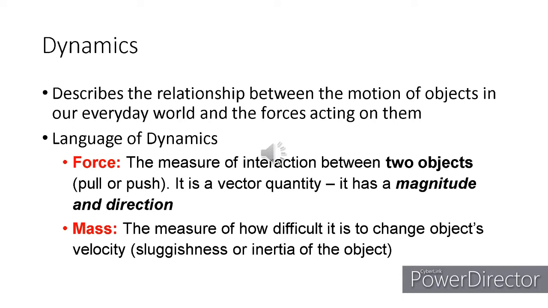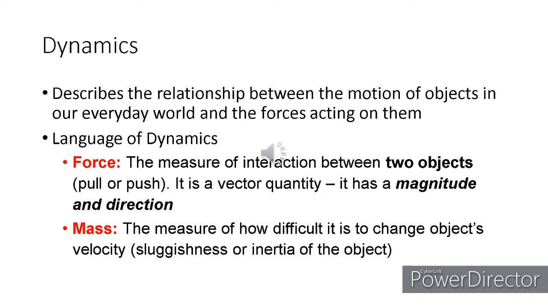Meanwhile, mass is the measure of how difficult it is to change the object's velocity. So this mass is defined in terms of dynamics. But in common definition, it is the quantity of particles in a matter.